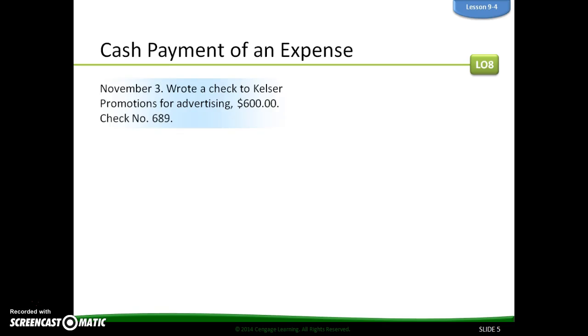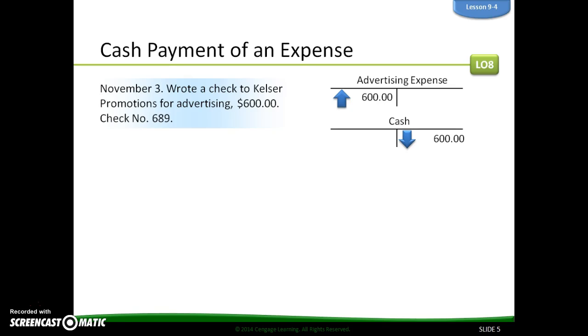Now, we would be looking at a November 3rd transaction where we're writing a check to Kelser Promotions for advertising, and the amount of the check is $600, and it's check 689. So if we're looking at our T accounts, our debit side of our advertising expense is going to go up by $600.